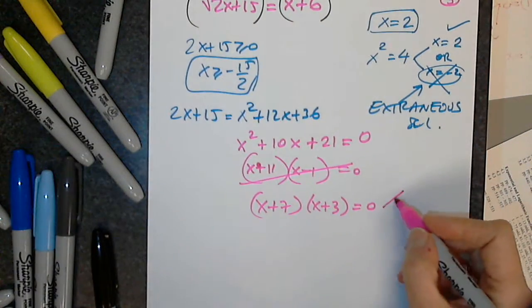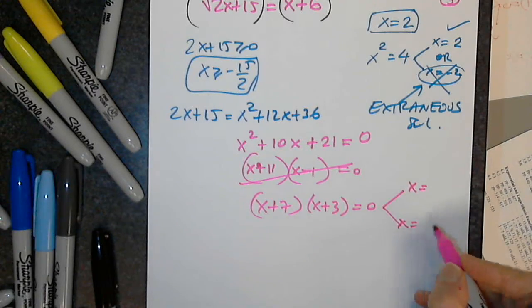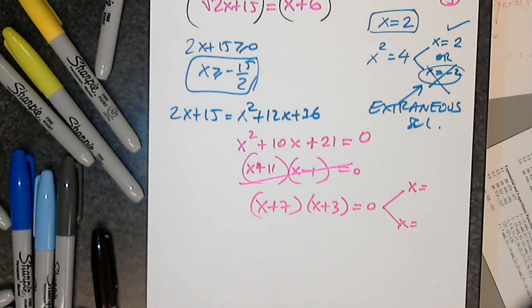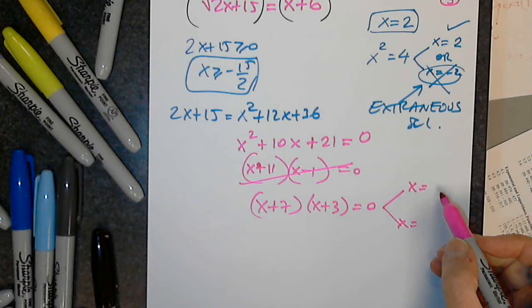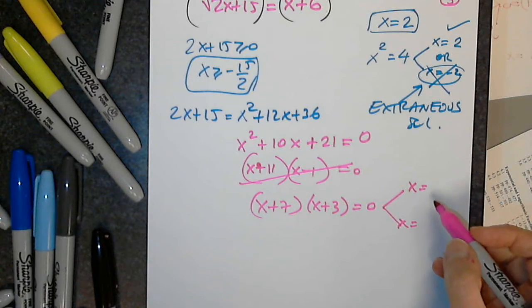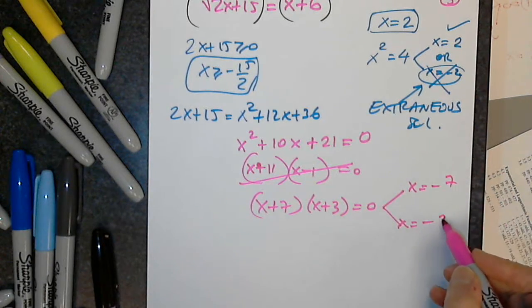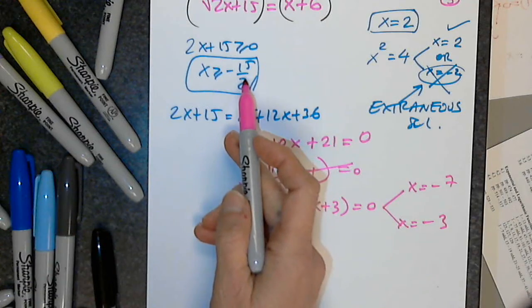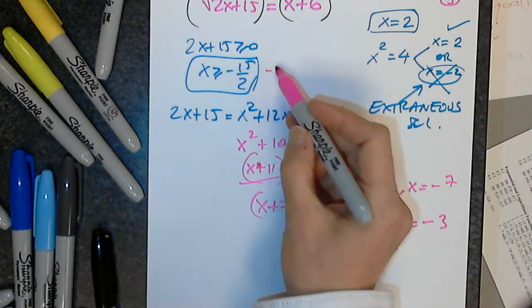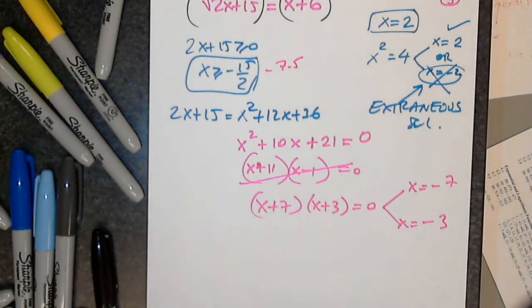So then we get two solutions, x equals and x equals. Careful. -7 and -3. So this is negative 7.5, right? I don't want to confuse you, you don't have to do that.